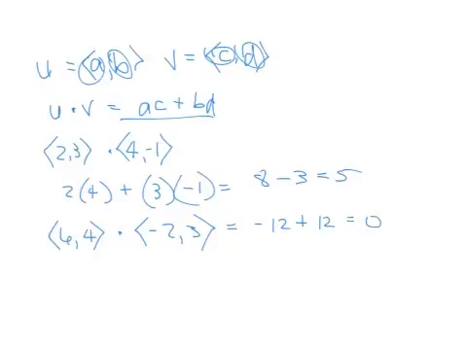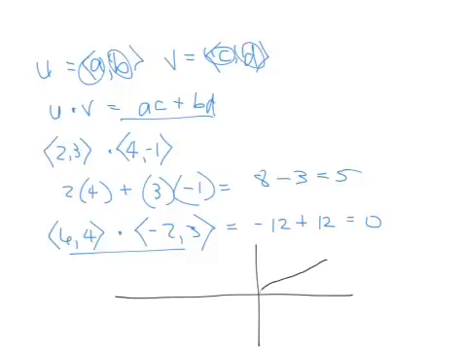Okay, so if we were to show this in a graph, it would kind of look like 6, 4, that's that point there, and negative 2, 3, like that. And my dot product then would give me 0.